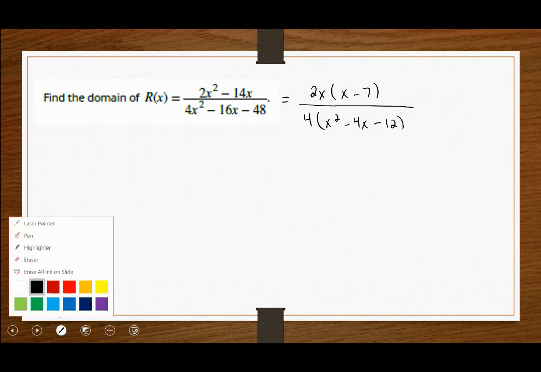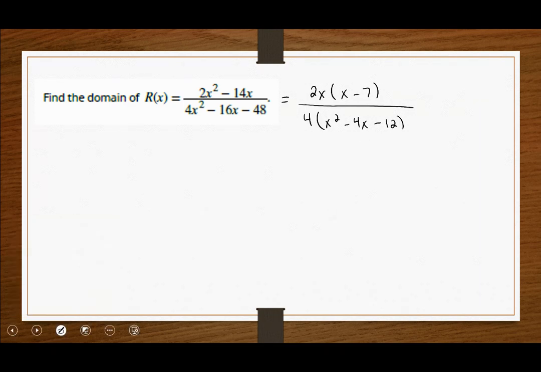So can this be factored further, and does that help me answer the question of what is my domain? I don't want to start by just immediately setting this equal to 0, because the numerator could influence which pieces, or rather which values, cause that expression to be undefined. So factors of negative 12 that add up to negative 4, well, in this case, we might say that negative 6 and positive 2 would work.